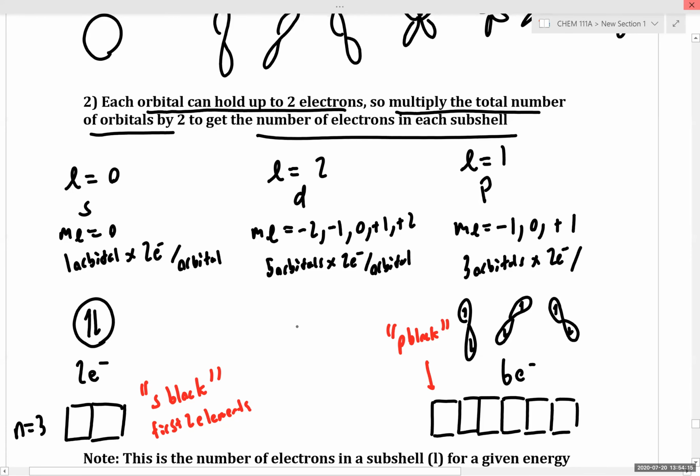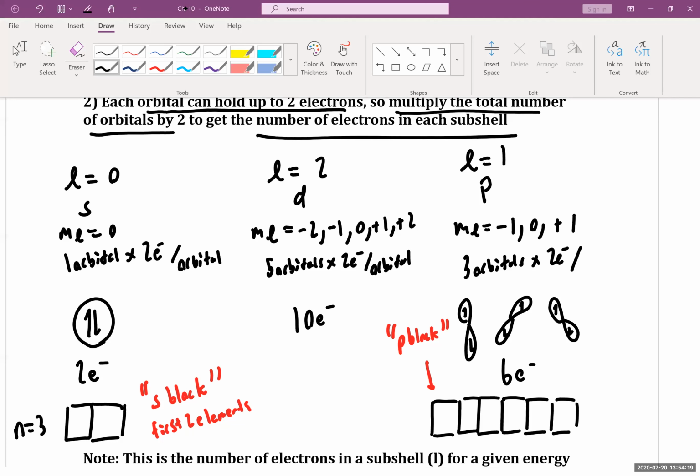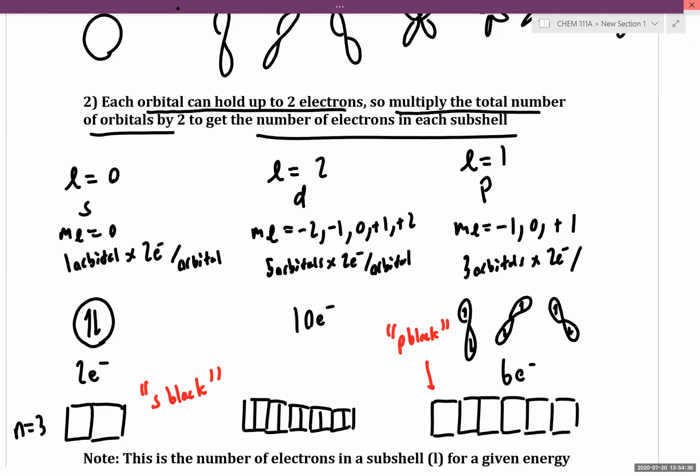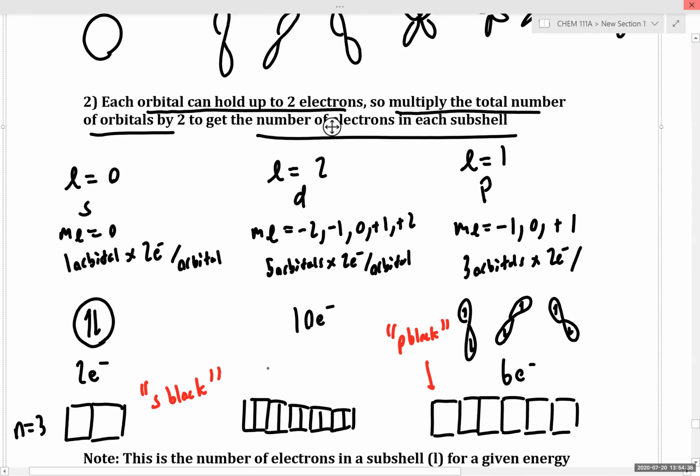So for our D block, we have 10 electrons, and that is why you see in the middle of the periodic table a block of 10 elements in the middle of our periodic table, and these are known as the D block.